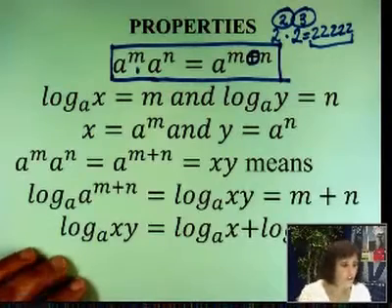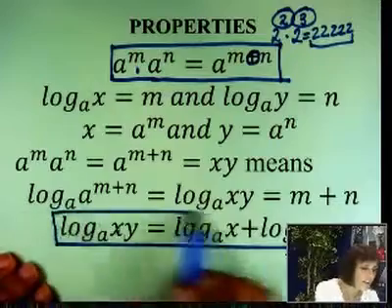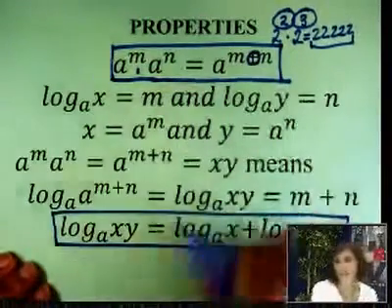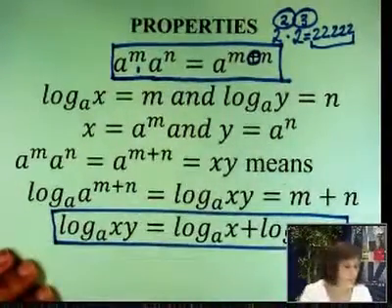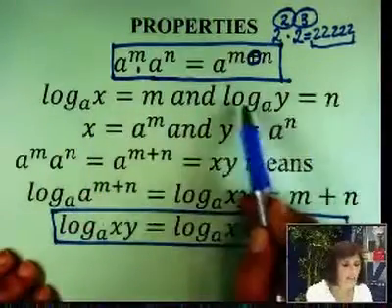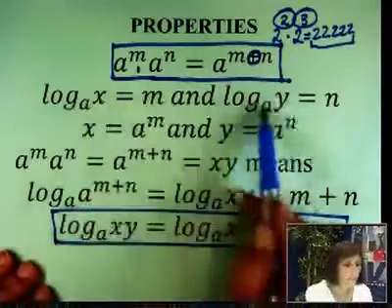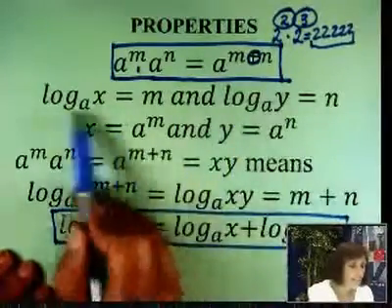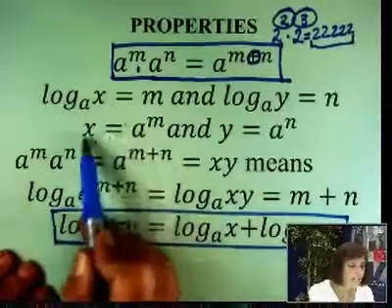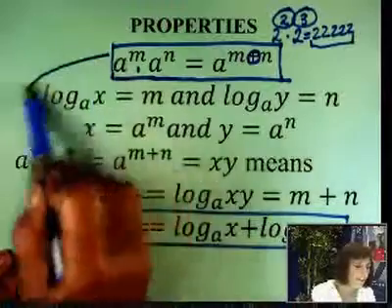Now, I want to derive the counterpart of that, which is this one. Doing a quick derivation. Set m as log base a of x, set n as log base a of y. This is log base a of x, this is log base a of y. That means, if this is the case, x is a to the m, y is a to the n. So I'm going to go back to this.